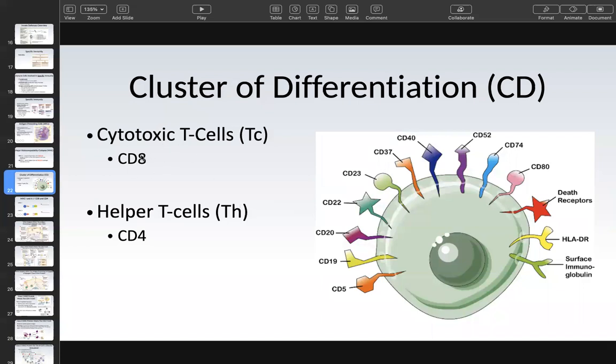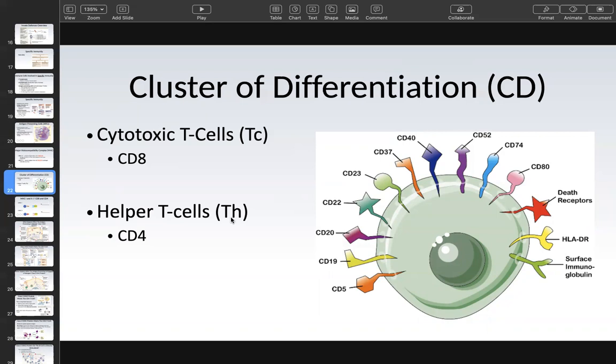CD8 is what we found on cytotoxic T cells, and so they're often synonymous with one another. And then CD4 is what we found on the surface of helper T cells. And so CD4 is synonymous with TH, is synonymous with helper T cells. One of the most challenging parts about immunology is recognizing that there are many ways to reference the same cell.